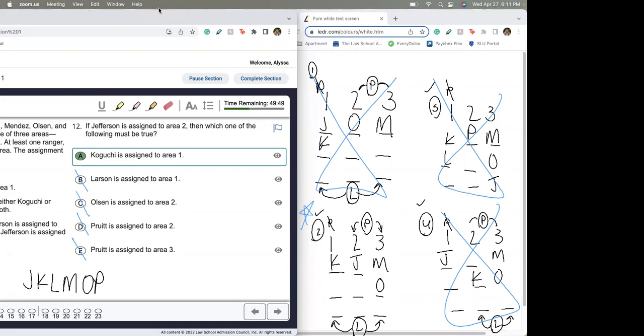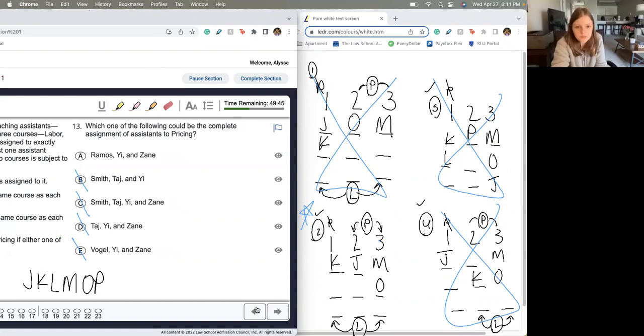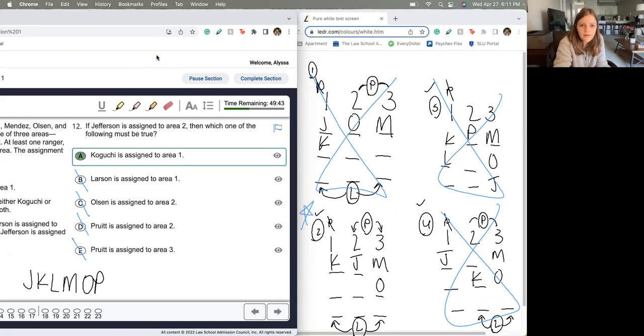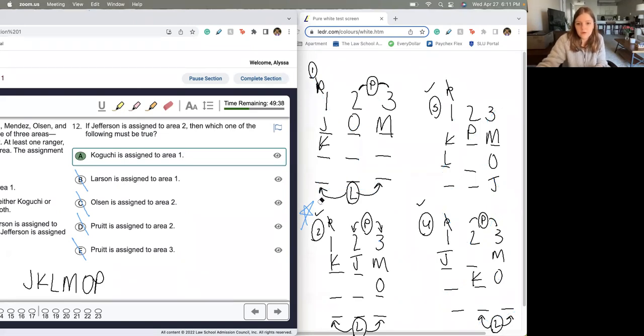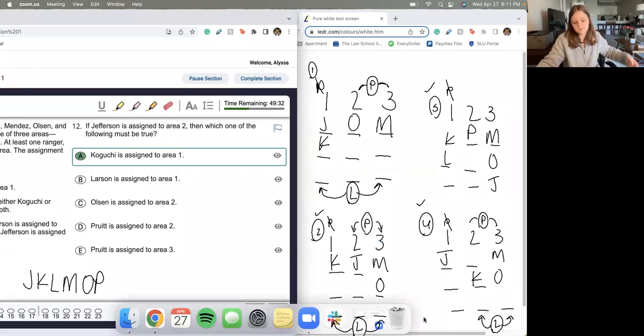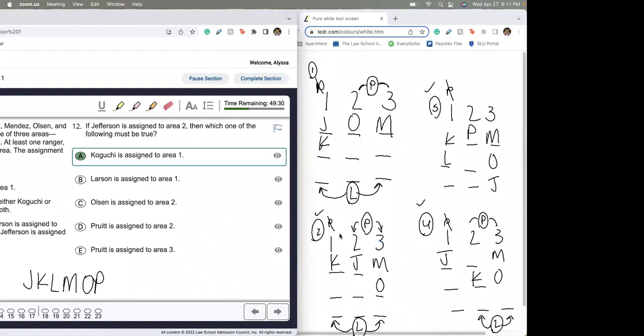Okay, I think that was the last one. Yeah. So the last question of the game. Do you have any questions about the game, the setup, the questions themselves? No, I think once I get that diagram down pat, I can pretty much tackle it.